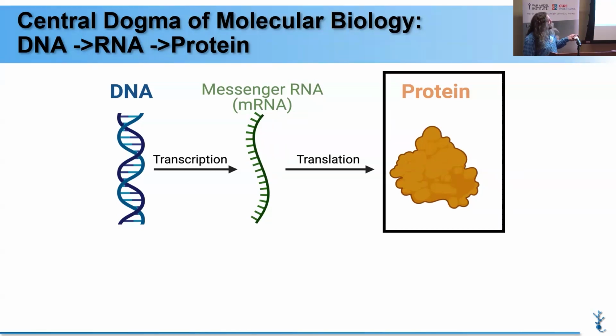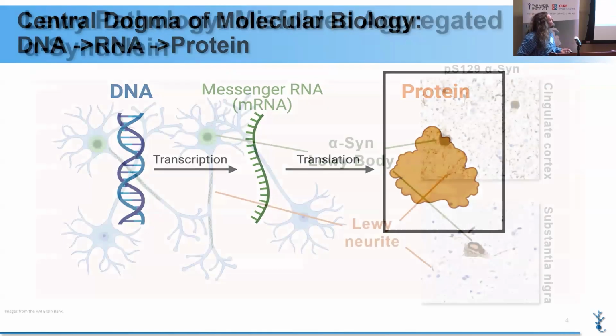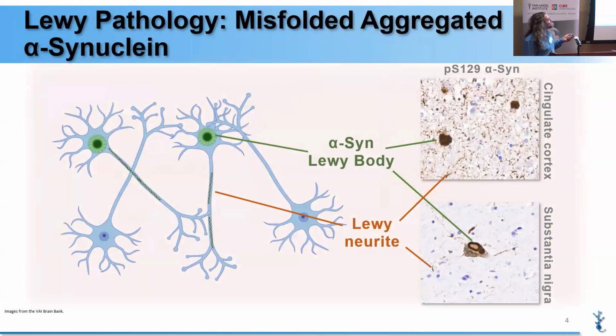And so what I'm focused on in my PhD project is these proteins that are involved in Parkinson's disease. And that is the Lewy pathology, which is comprised of misfolded and aggregated alpha-synuclein, which is a protein that's present in many living organisms. And this protein, when it misfolds, takes on two major forms.